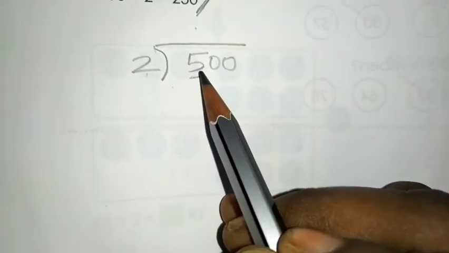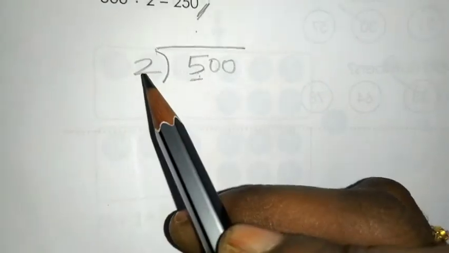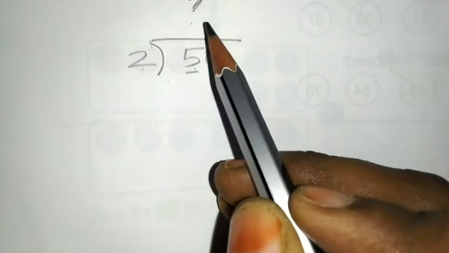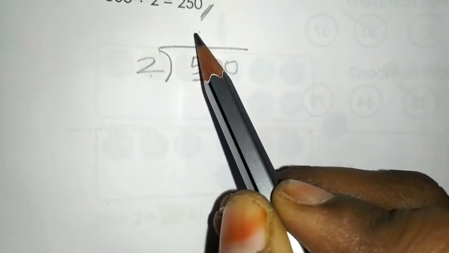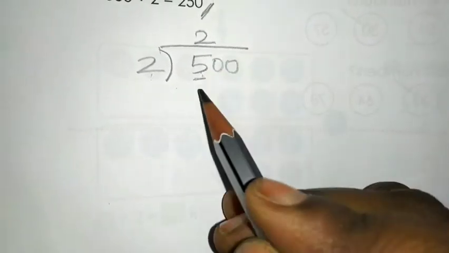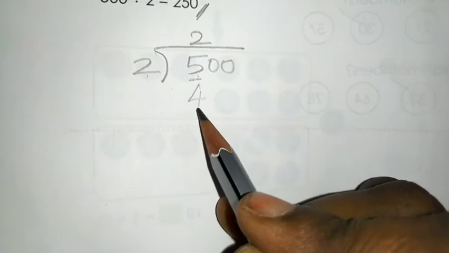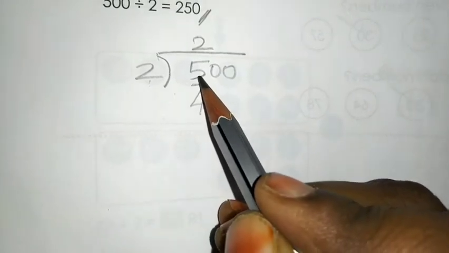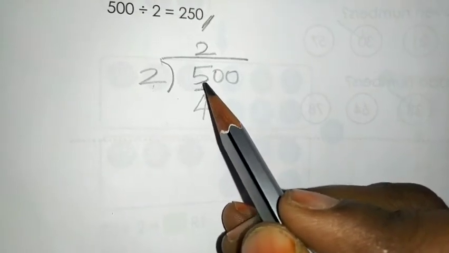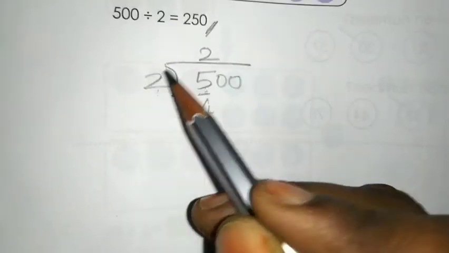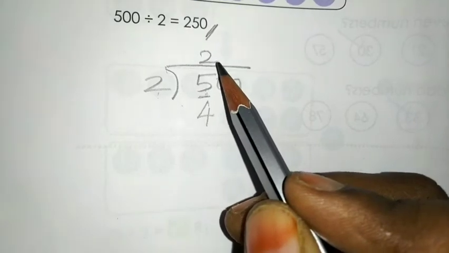Now how many times you will get 5 by using the 2 table? You won't get exactly 5. It is either 6 or 4. So you have to use 2 times 2, which is 4. The value should not exceed 5, so you have to get the answer before 5. You get the answer by multiplying 2 with 2.